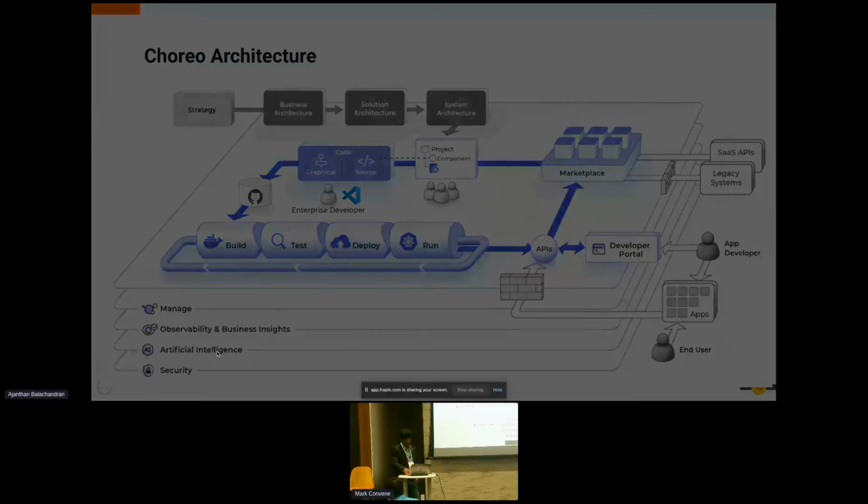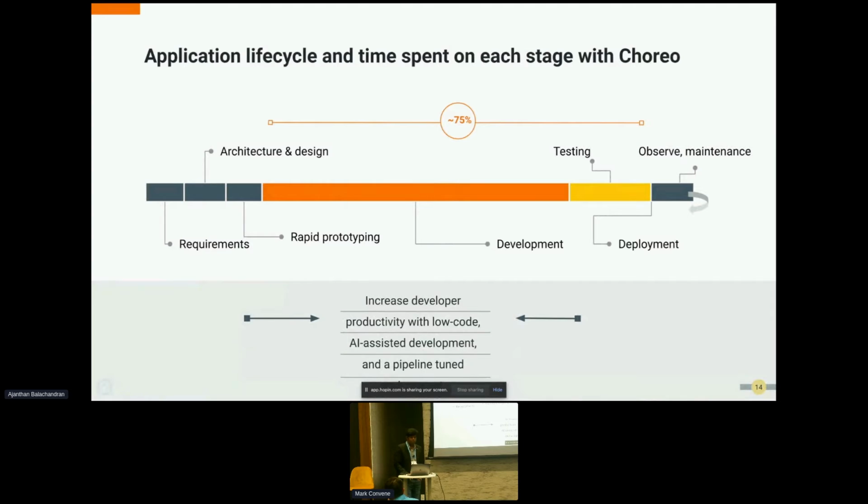So this is a promise, right? Previously, you were spending around 25% of your time to develop your actual digital product and service. With Choreo, you can increase that time to 75%. It provides everything in place, right? You don't need to worry about evaluating different technologies, building different things according to common engineering standards such as CI/CD, observability, etc. Everything is built in.